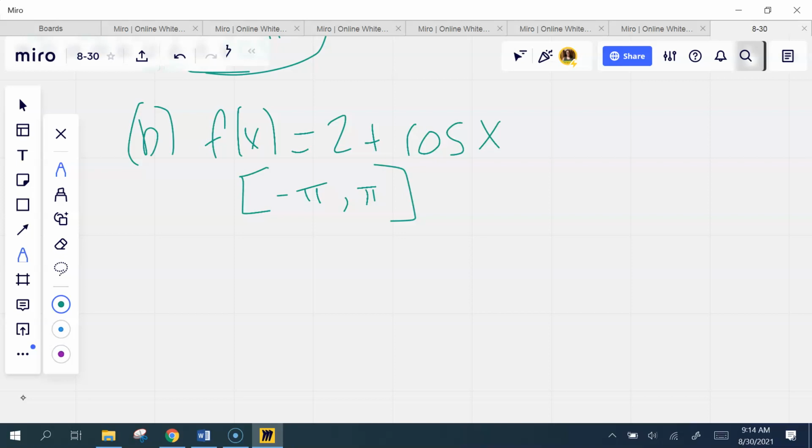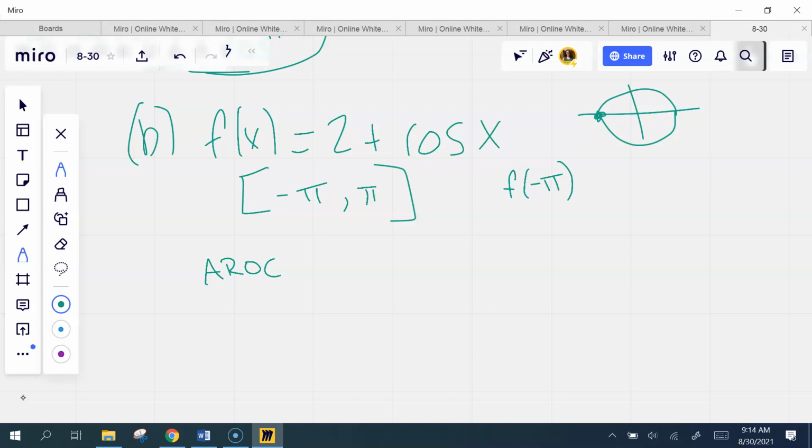It's just saying... Well, yes. Think about my circle. Here is pi. Here is negative pi.